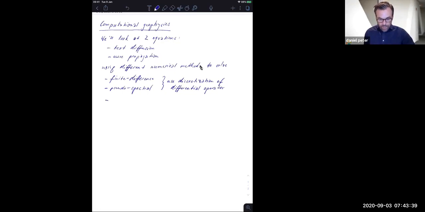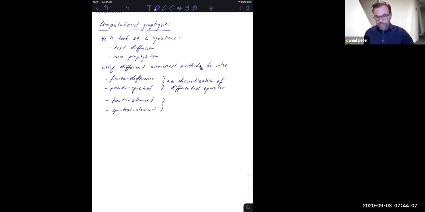And then the other two methods that we'll look into are the finite element and the spectral element methods, where spectral element can be looked at like a higher order extension of a finite element method.